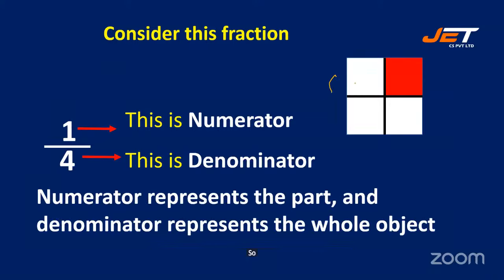So the numerator represents the part and the denominator represents the whole object. Here we have 4 sides of a square, so the total is 4. But how many parts of the square are highlighted? Only 1. So only red is highlighted. That is why we write it as 1 by 4.